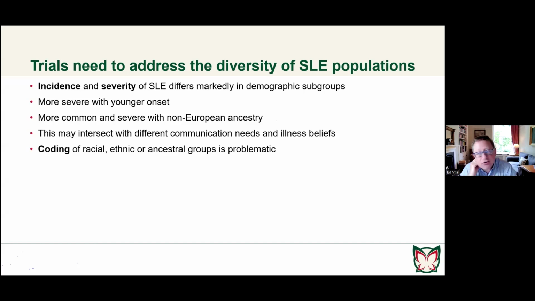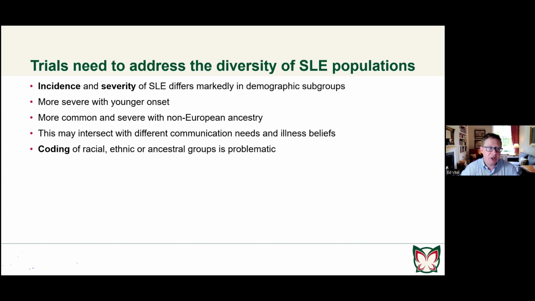And lastly, just to introduce this concept about diversity, this is a really crucial issue in lupus because the groups of patients who are most commonly affected and most severely affected by lupus differ. Usually within each country, there'll be different groups of patients who are more affected or less.